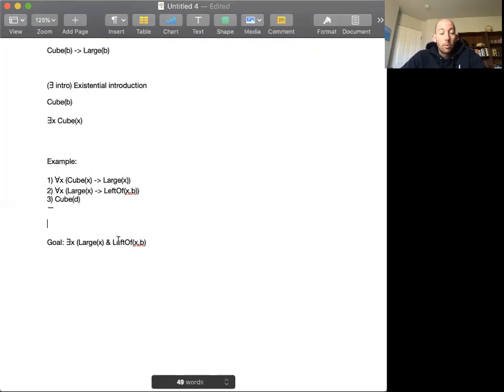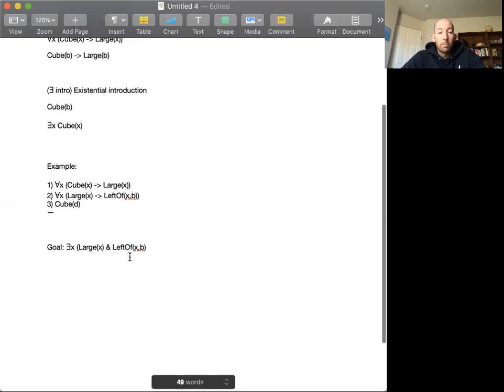So here's how we're going to apply the two methods, the proof steps that we have so far.